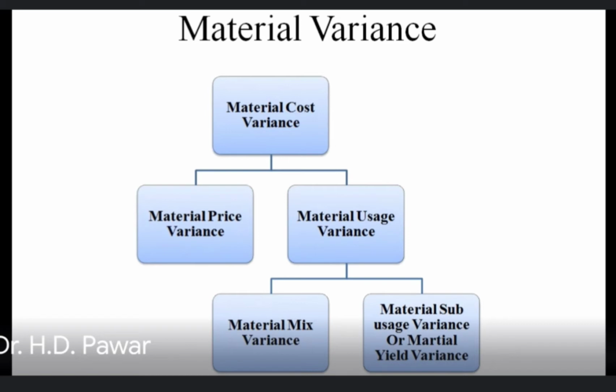Then usage variance is classified into material mix variance and material sub usage variance, which is sometimes known as material yield variance. If yield variance is calculated, then sub usage variance is not required, and if you calculate sub usage variance, then material yield variance is not required. Either or. If you calculate both, then verification is not possible.